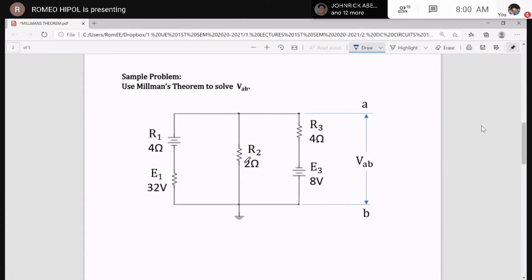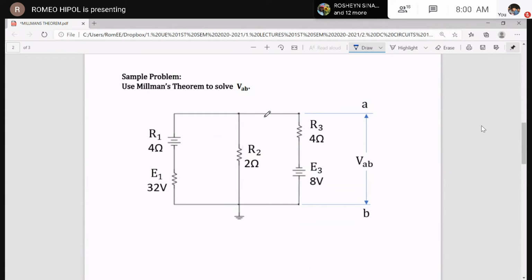So, actually, in this example, nag-set na rito ng value for each branch as sub 1. So, meaning per branch, we have an equivalent sub 1 value. Naintindihan? For the second branch, we have a sub 2.